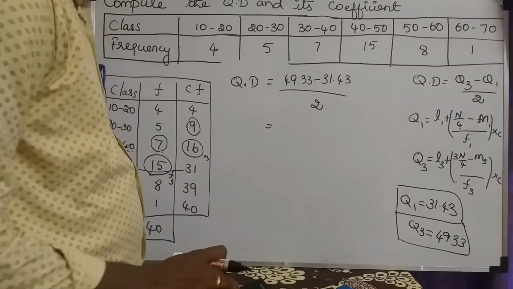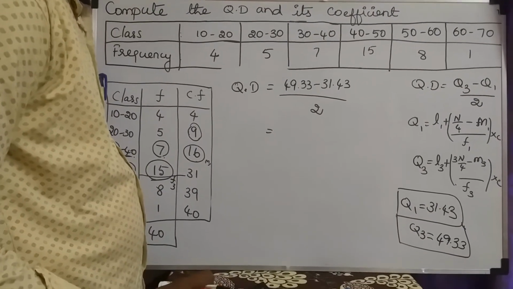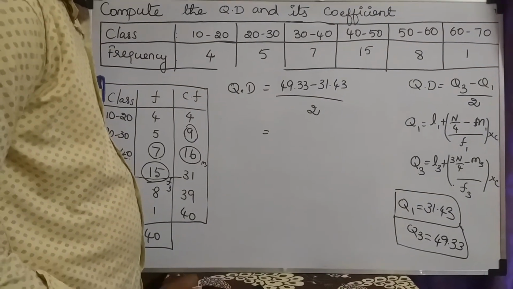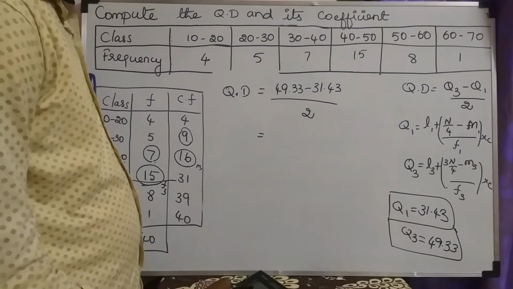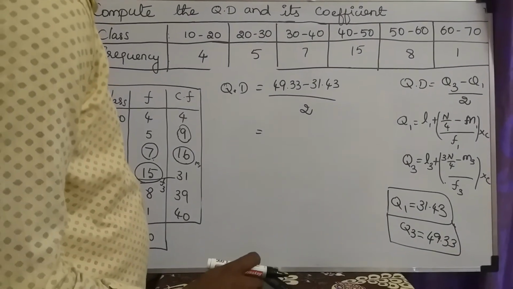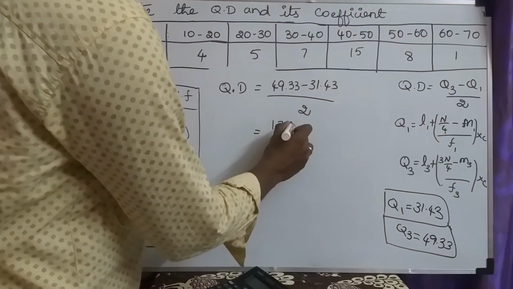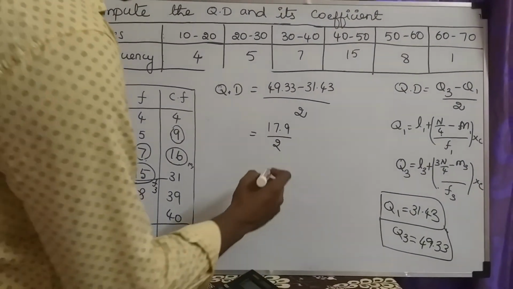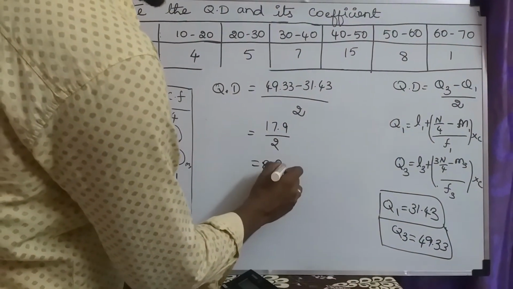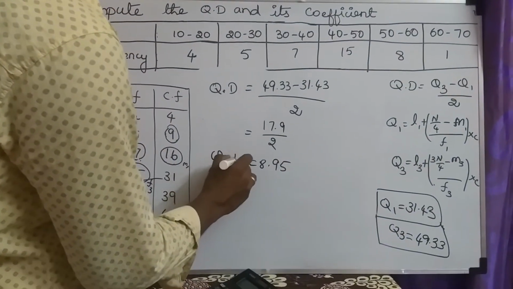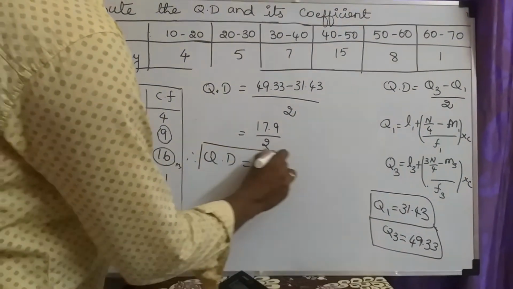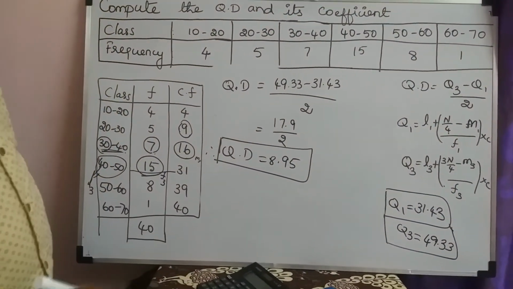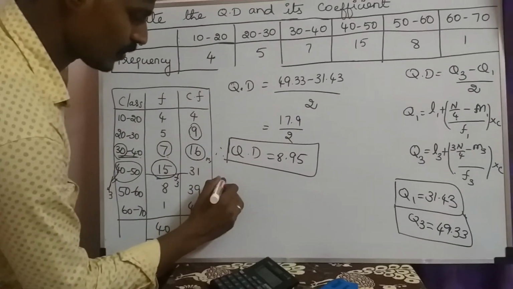Now 49.33 minus 31.43 is 17.9, divided by 2, which is 8.95. So therefore QD is 8.95.